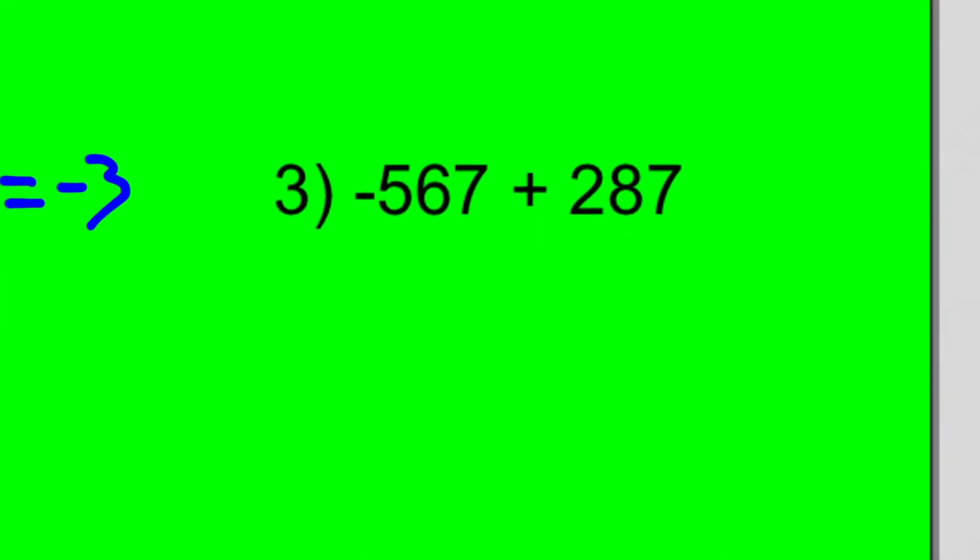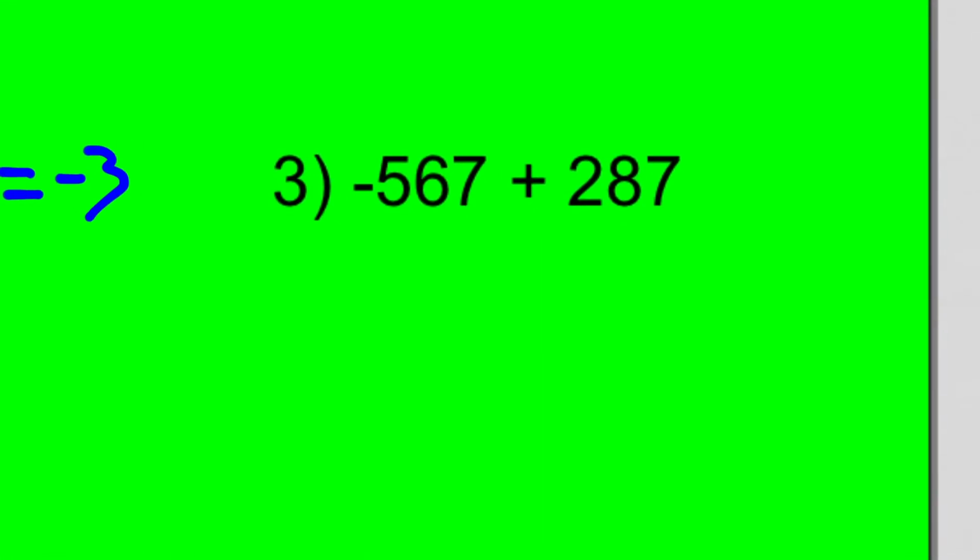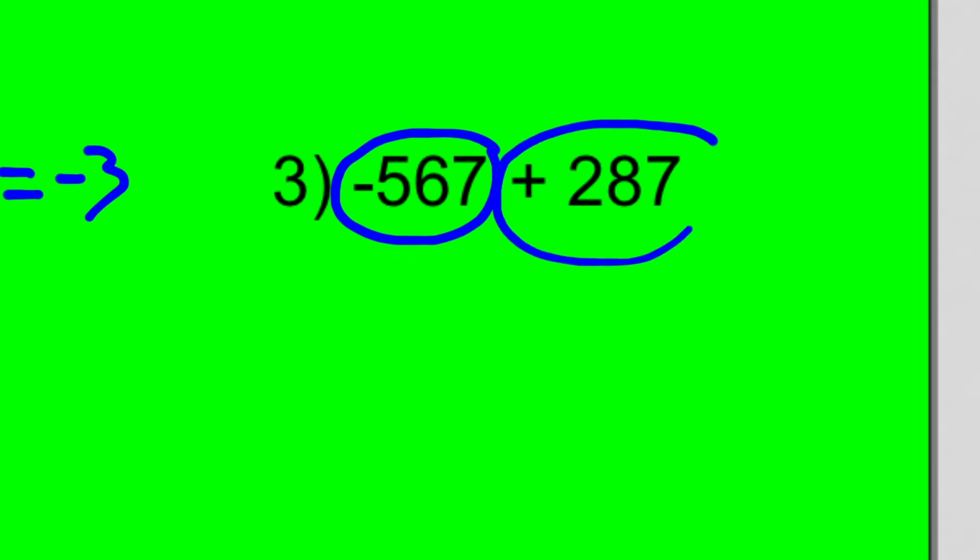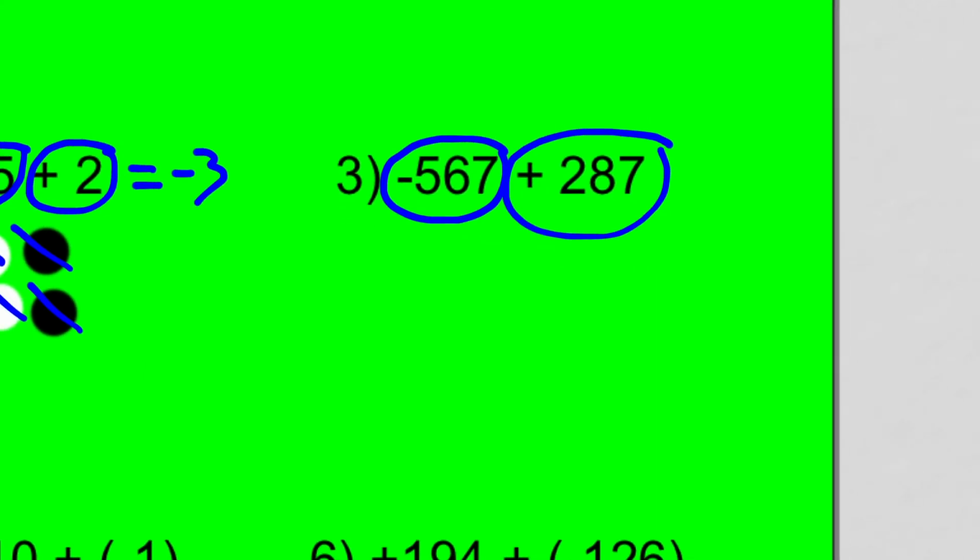So we're not going to model this out, but we know that when you have two integers with different signs, you subtract them. So this is -567. This is +287. So I'm going to subtract them, and then I'll worry about the sign after. 567 take away 287.